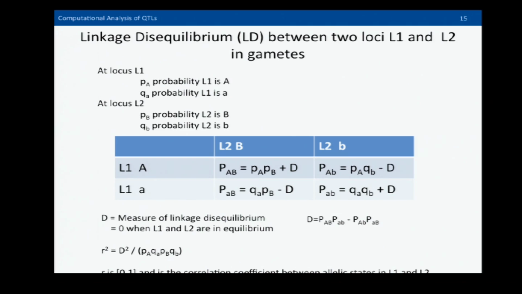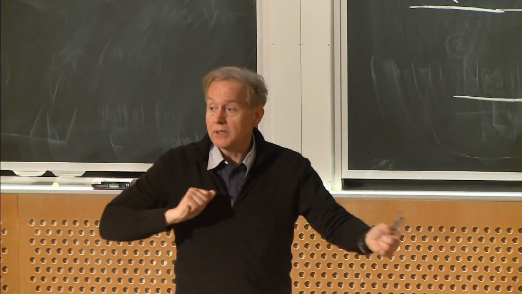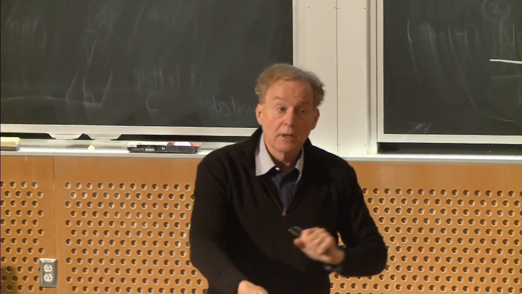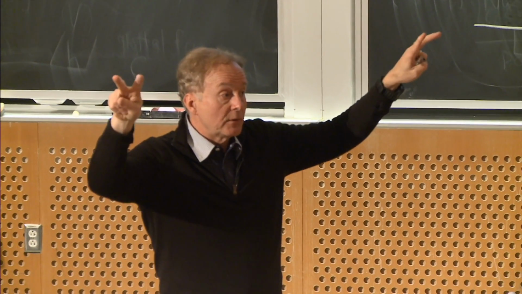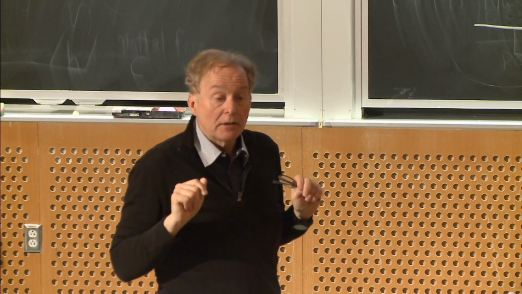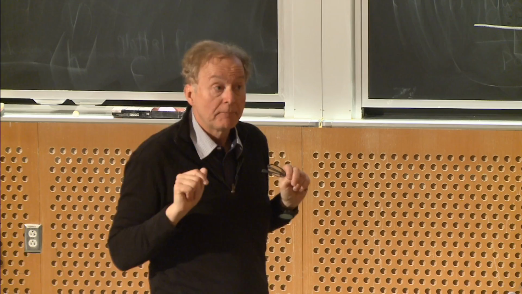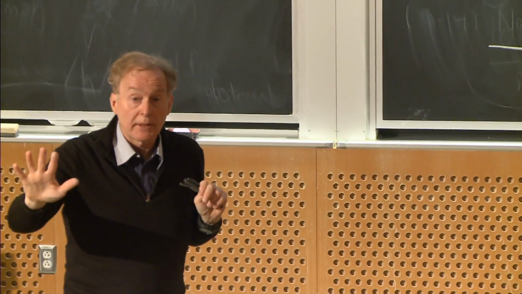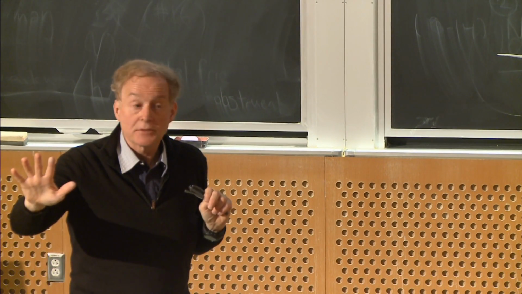Okay? So this is simply a way of describing how skewed the probabilities are from being independent for inheriting these two different loci in a population. Are there any questions at all about the details of that?